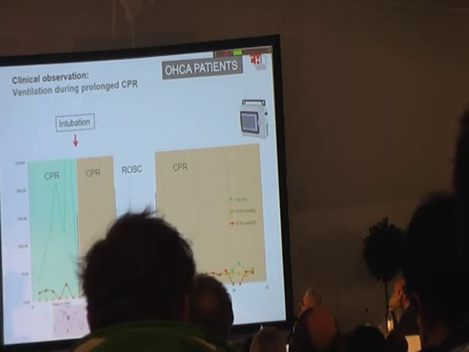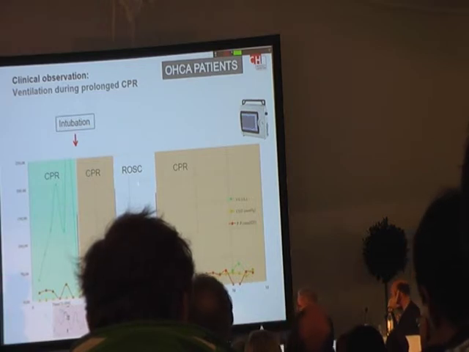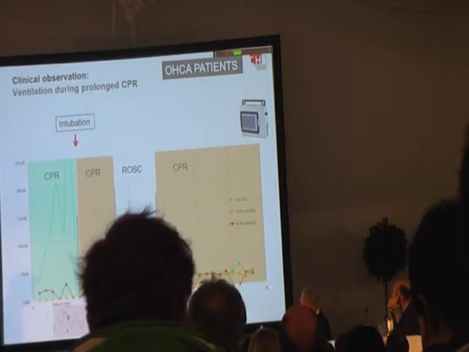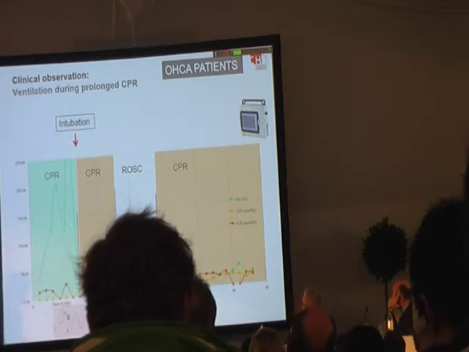it's interesting because we can look at the black box of the ventilator to reconstitute what happened during the resuscitation. This is an example. The x-axis is the time, 35 minutes. This is CPR before intubation, in green. The green point is the volume, because this is on the mask, there is a lot of leaks.